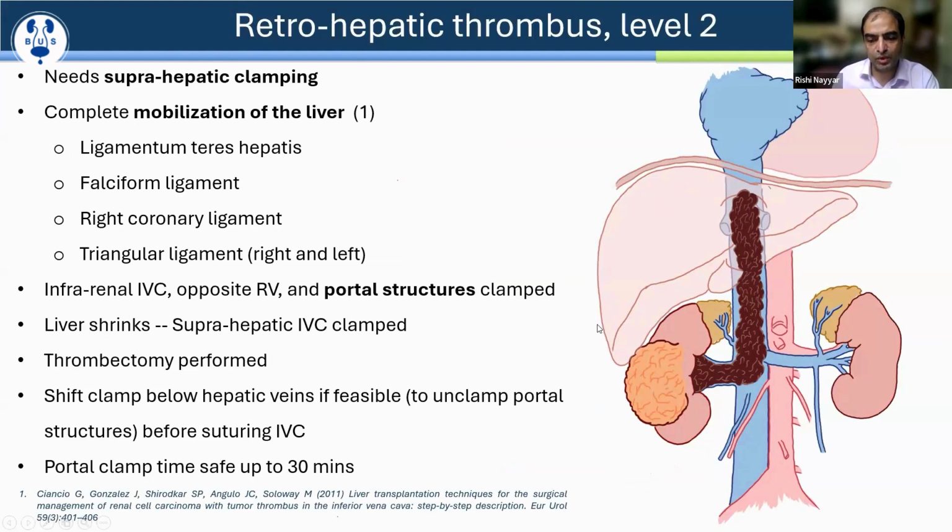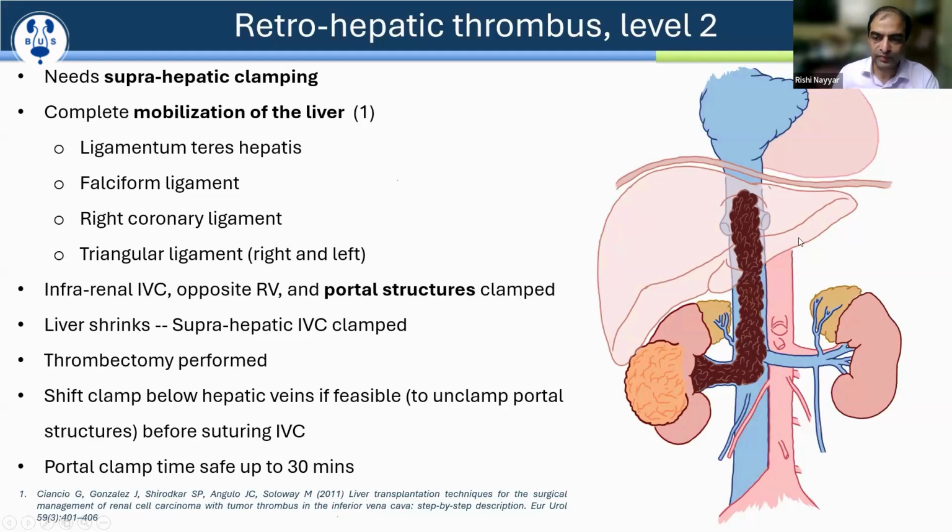So here you will have to mobilize the right triangular ligament of the liver, the bare area of the liver, all the ligaments here on the right lobe and to some extent on the left lobe have to be cut, and the entire liver is mobilized towards the left side. And then the dissection of the IVC can be done from the posterior aspect.